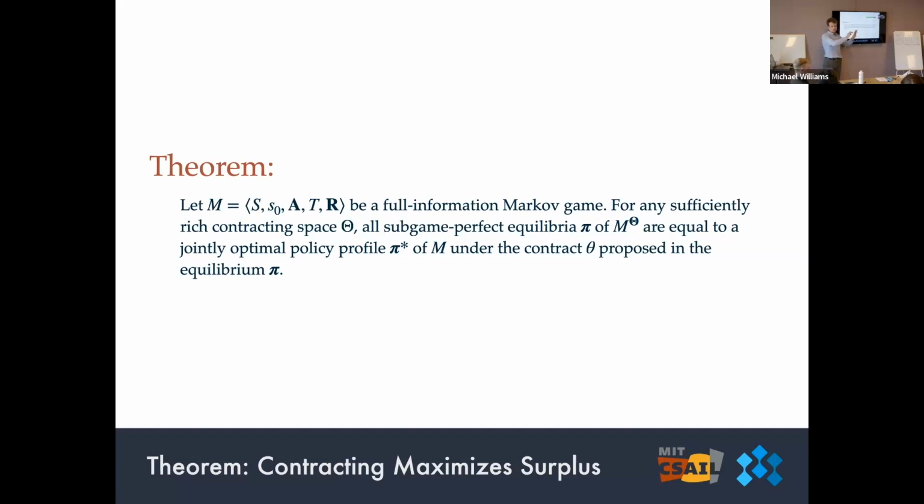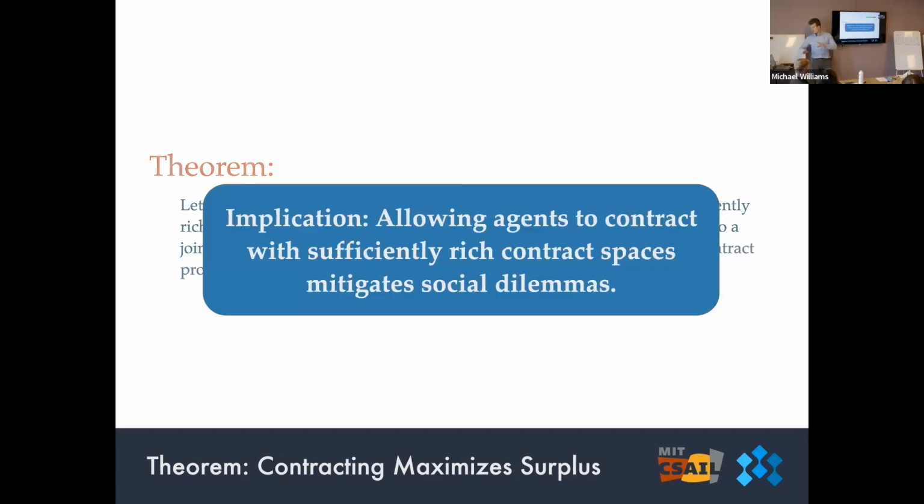If that doesn't make sense to you right now, that is fine, because it says only that allowing agents to contract with sufficiently rich commitment devices mitigates social dilemmas under complete information.